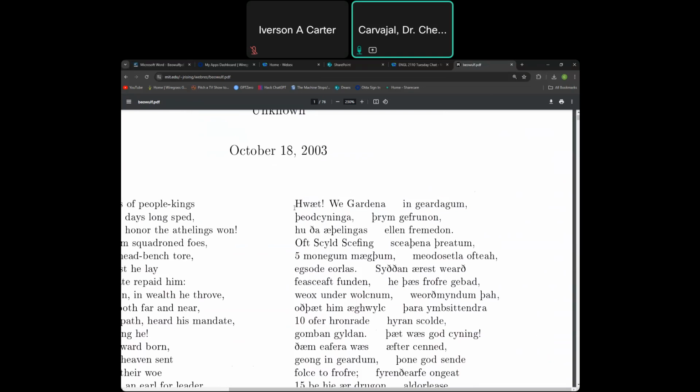It's just we switched around the H and W. So today it's WHAT. And that's "we," and that actually means what it says. So pronouns actually stay quite a bit the same. So we gardena in geardagum, theodcyninga. Theod is kind of like God.